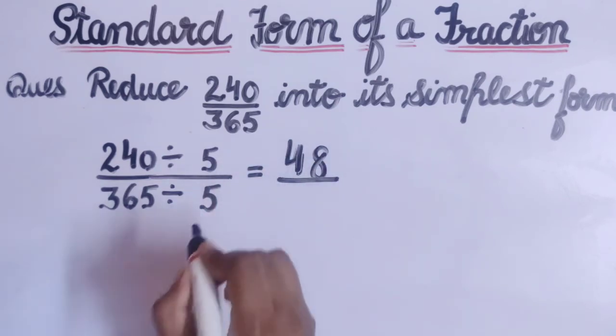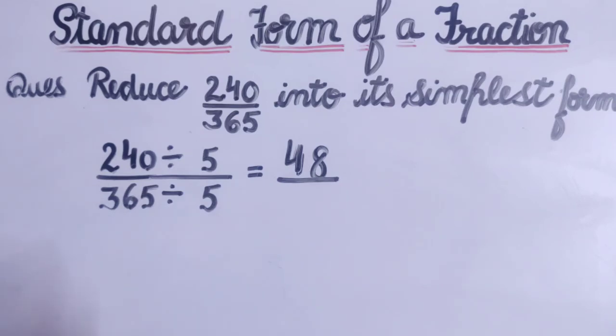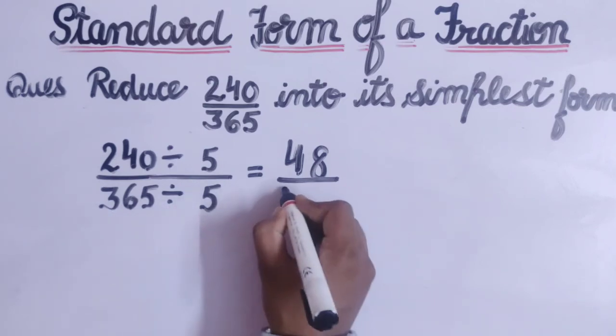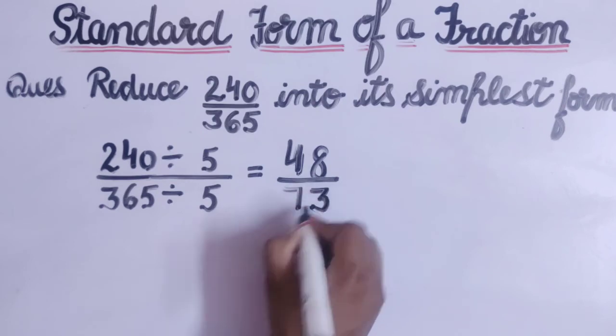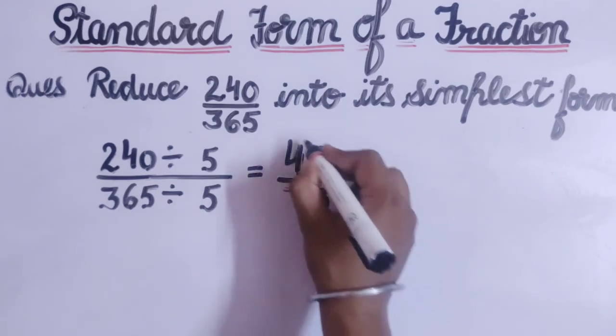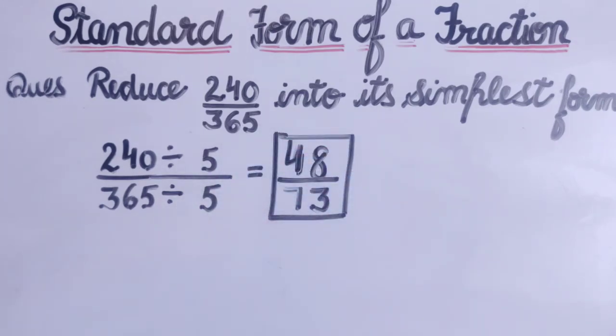And when you divide 365 by 5, then the answer will be 73. Now I can say that students, this 48 by 73 is in lowest term.